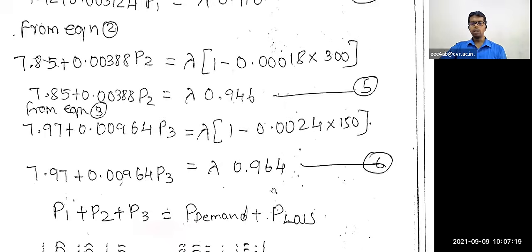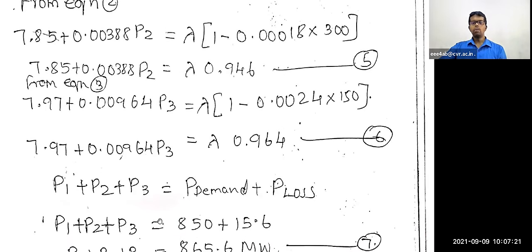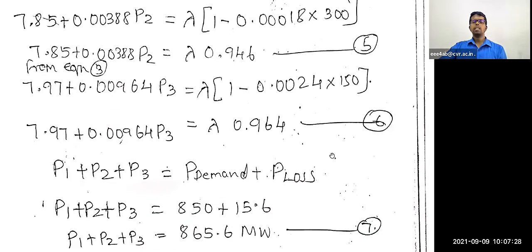So again what you have to do is add the loss over here to the demand, and by adding, you will get some values. Those values you have to add over here. Again, further you have to proceed. P1 plus P2 plus P3 is equal to some megawatt you will get now.